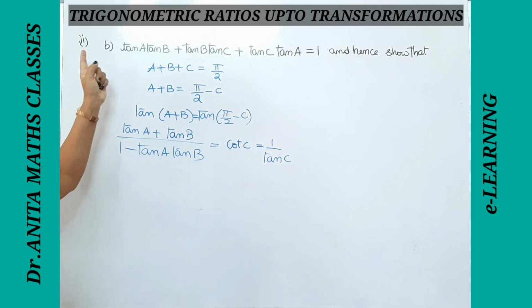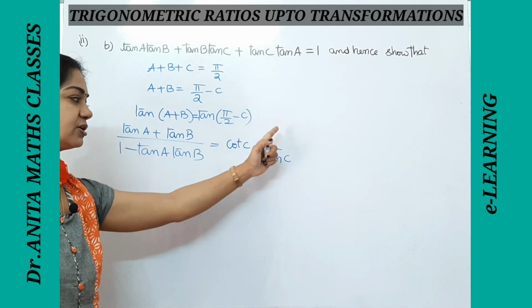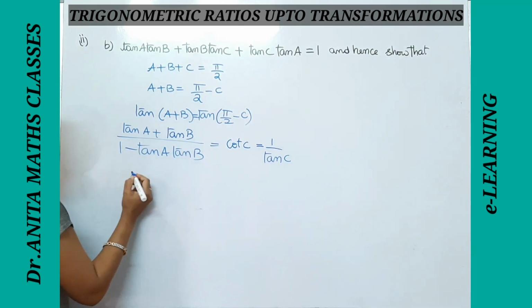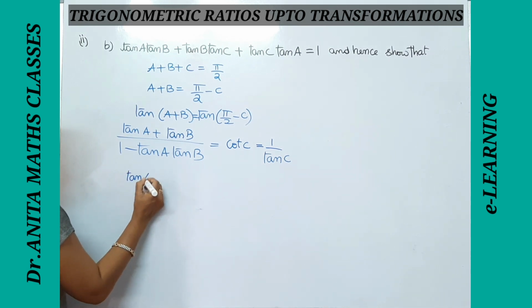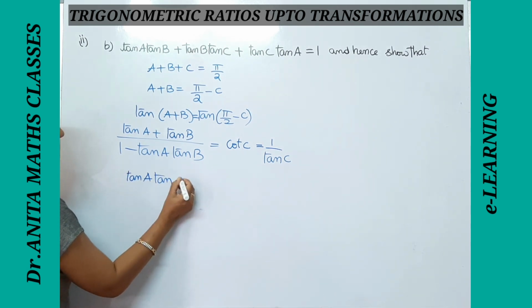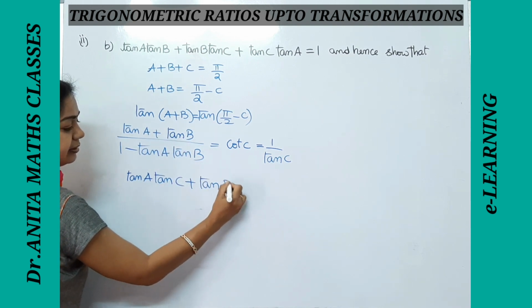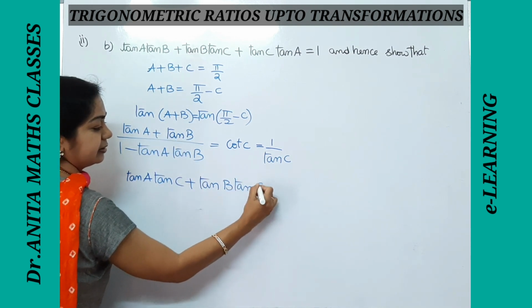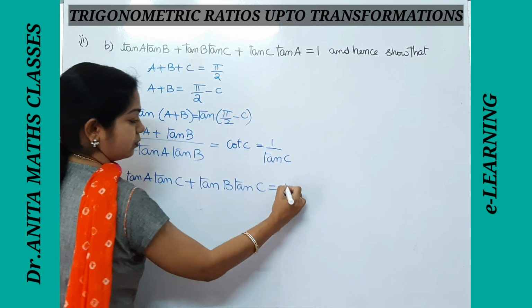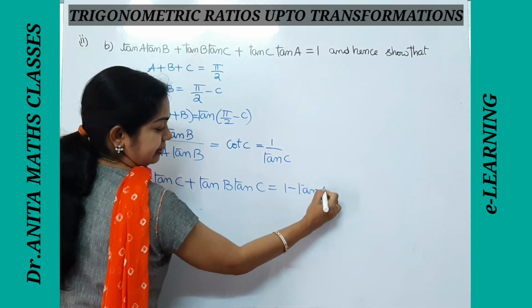Now the same way what we have done in the a part, we will cross multiply here: tan a into tan c, plus tan b tan c here, and 1 if you multiply here, 1 minus tan a tan b.